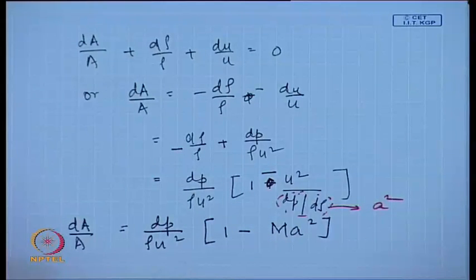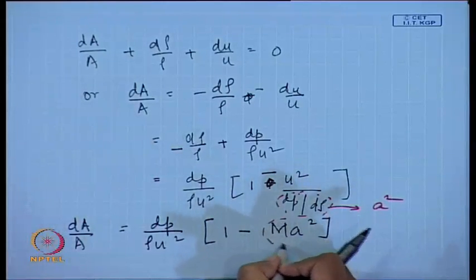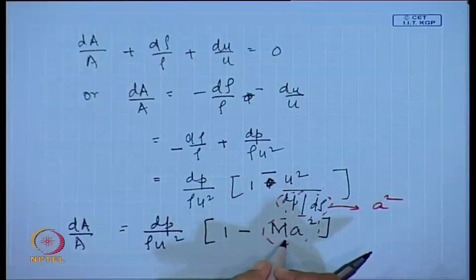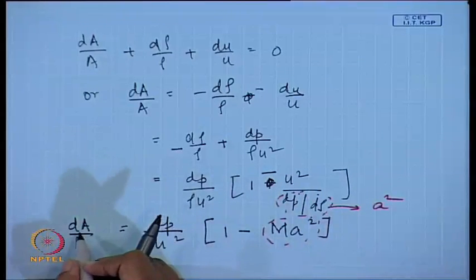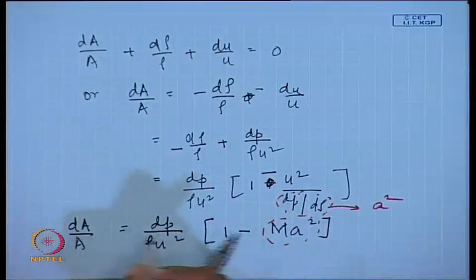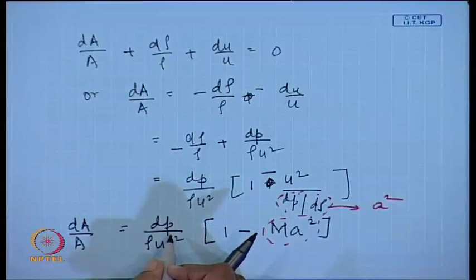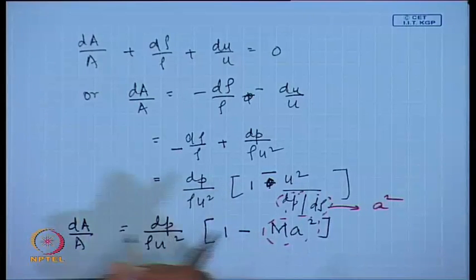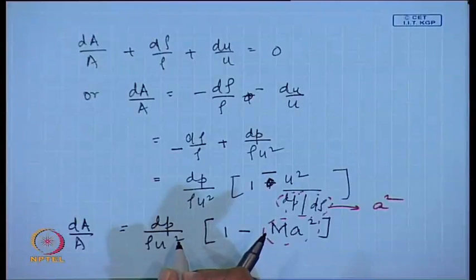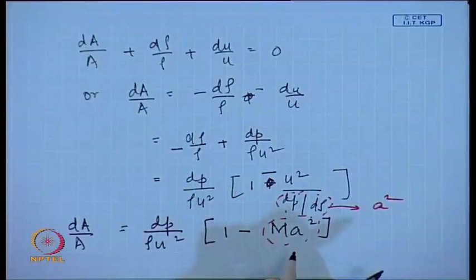If the Mach number is less than 1, then a positive area change will give rise to a pressure increase. A negative area change will give rise to a pressure decrease. Okay? And similarly, if the Mach number is greater than 1, just the reverse takes place.